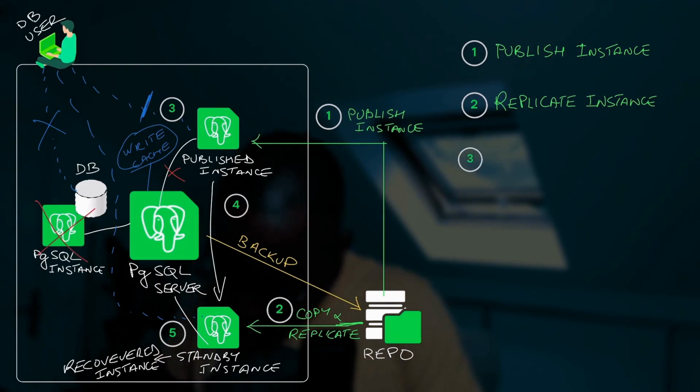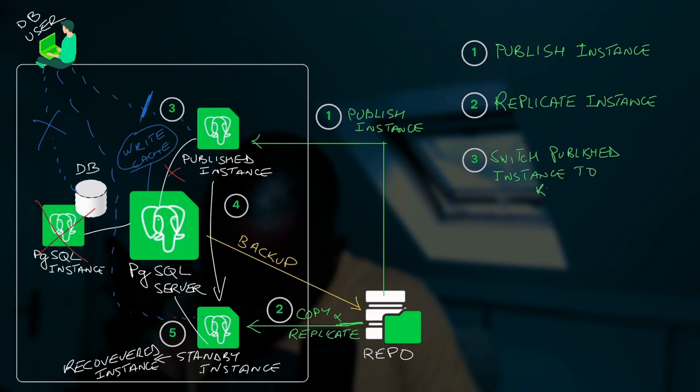Third step, here it is the switch step. Let's say switch, basically, essentially, publish the current instance to the system mode.